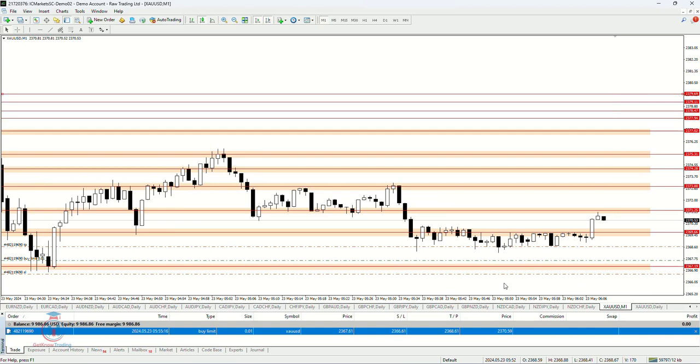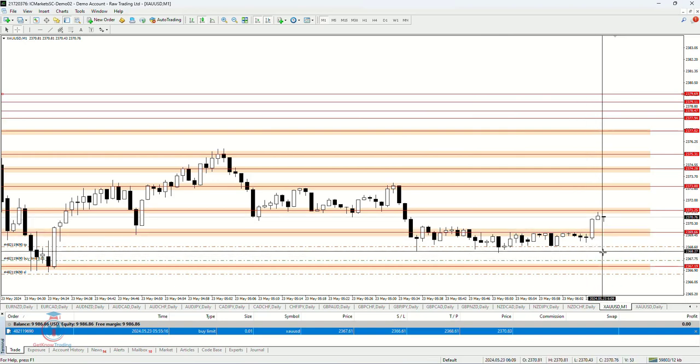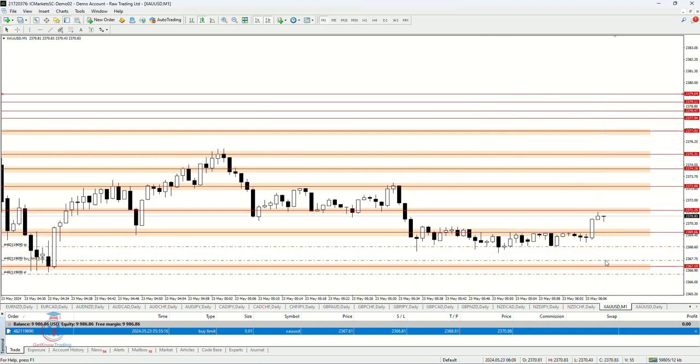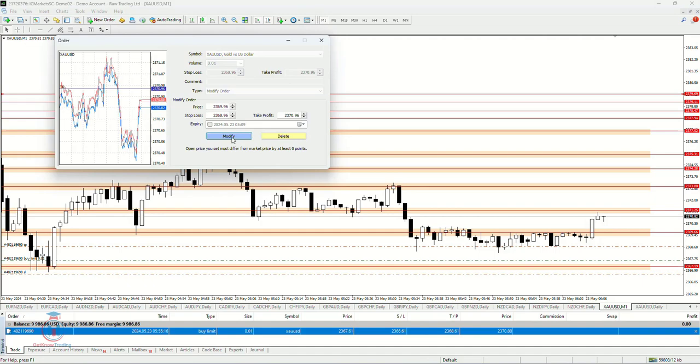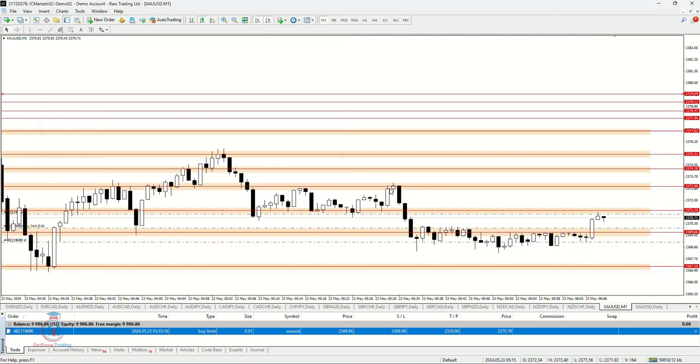Let's continue back. In this case, we can see that the price has continued to rise in value and has gone above this resistance. So in this case, I will not wait for the price to come down, but I will move the whole trade to the next level, and that means to the next support, and I will click modify. So in this case, what happens?